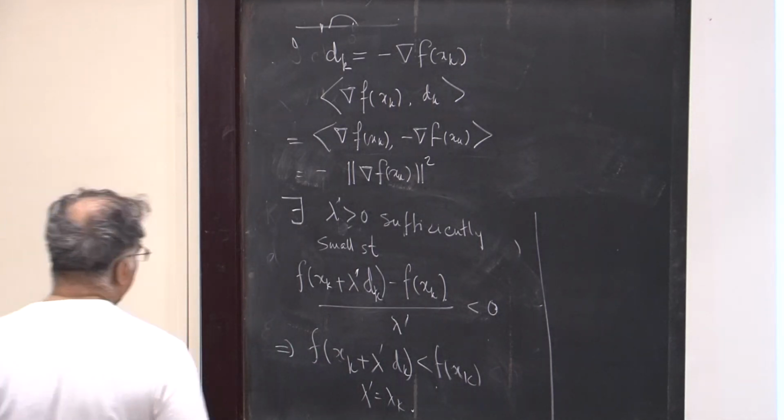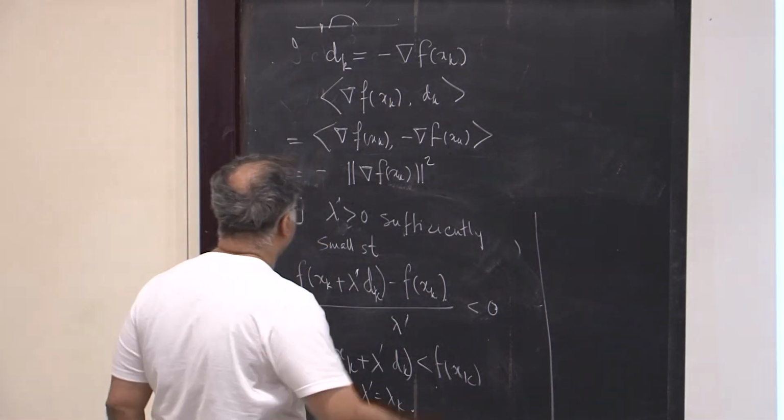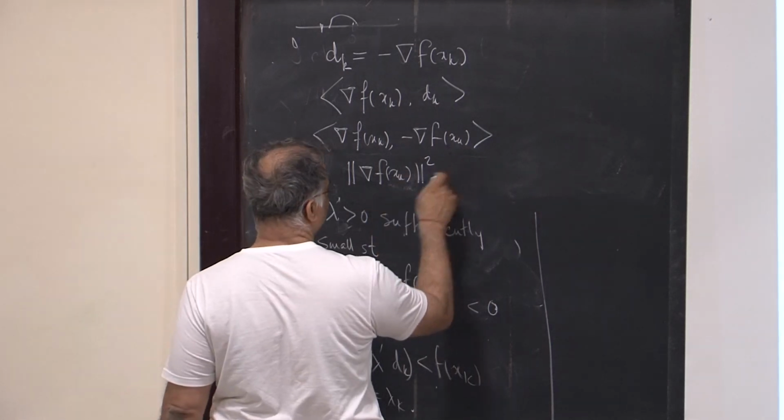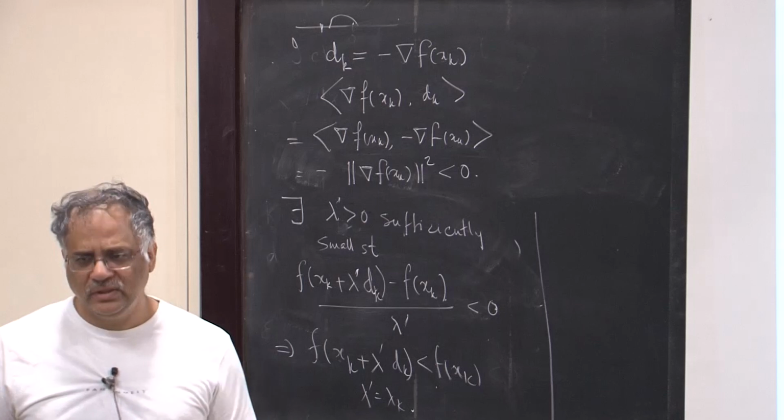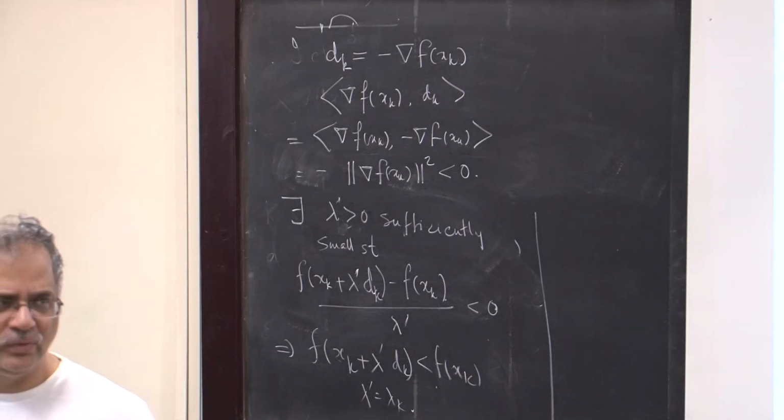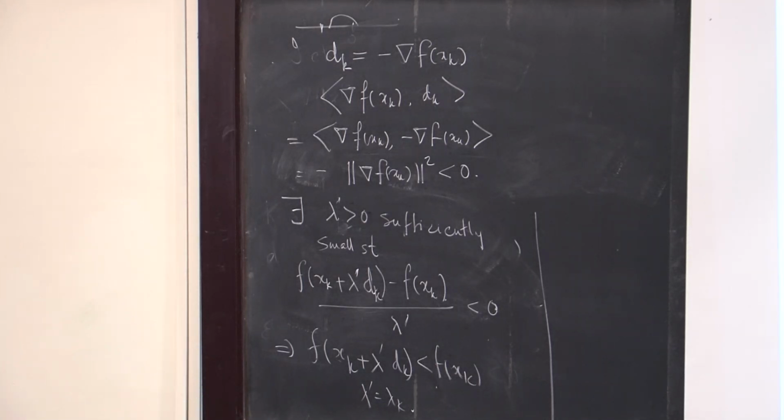Unless it is a zero vector, no vector can have length 0, and there is a negative sign here, so this is strictly less than 0. This is one thing that you have to keep in mind. This is one of the most popular methods to describe what a descent method means, but it does not mean that it is the only form of descent method you have for unconstrained problems.